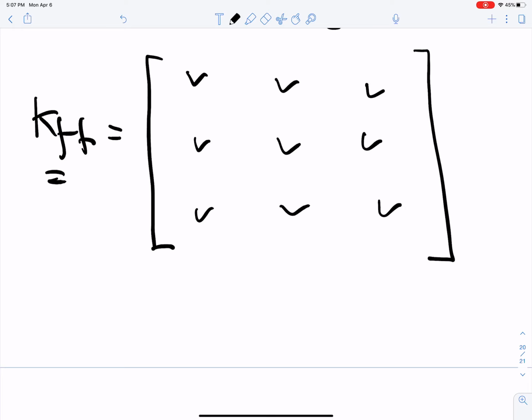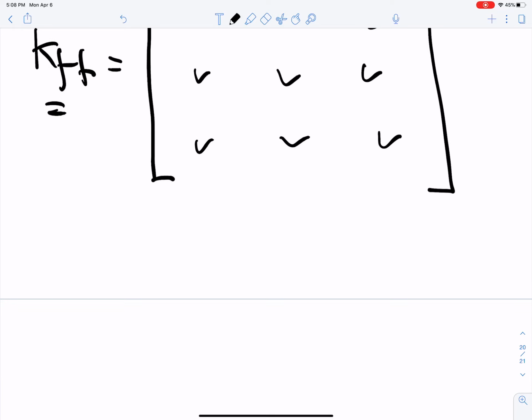You find the expression for that matrix on page 437. So at this stage, KFF is set. Let's develop the right-hand side, the force vector.